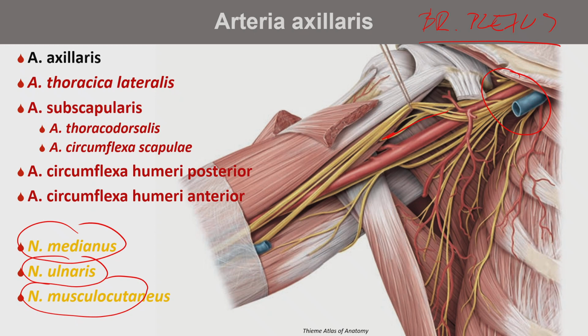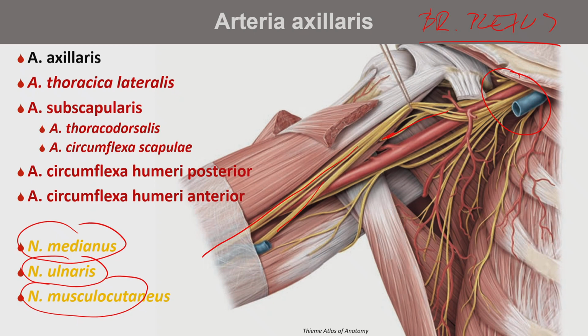Then the medianus is going along the brachial artery and then is following it on the anterior part of the forearm, and ulnaris is going then back behind the ulnar part of the humerus, where in the groove it is going to the dorsal part of the forearm.